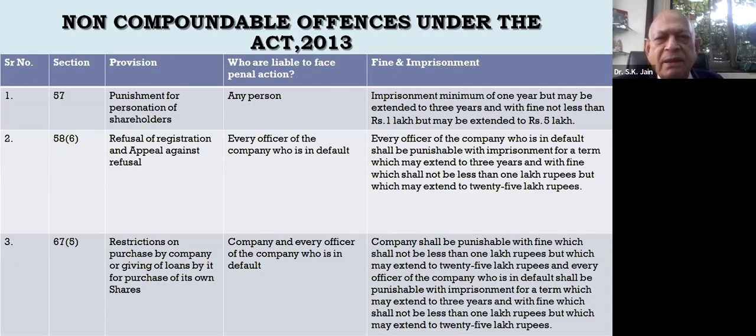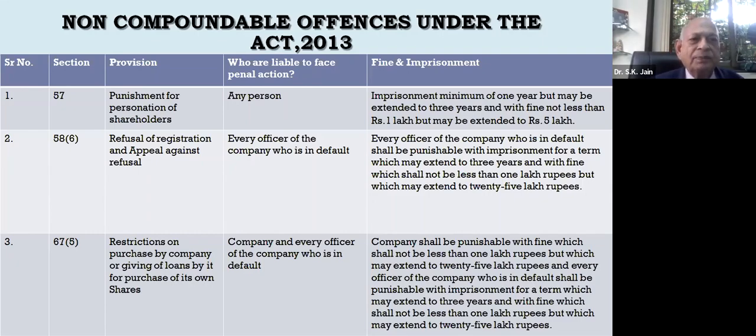The offences where the violation incurs punishment with fine and imprisonment or both. So where the word used is 'and', fine and imprisonment, or 'or both', it becomes non-compoundable. Now we go through certain sections where the offences are non-compoundable.